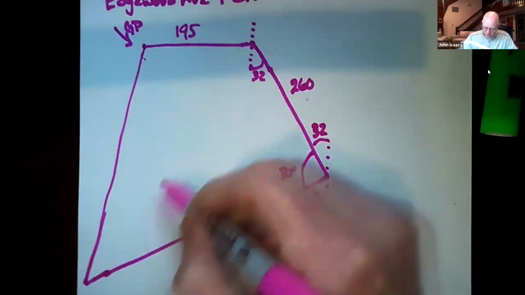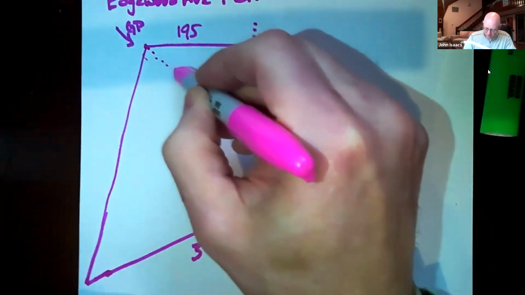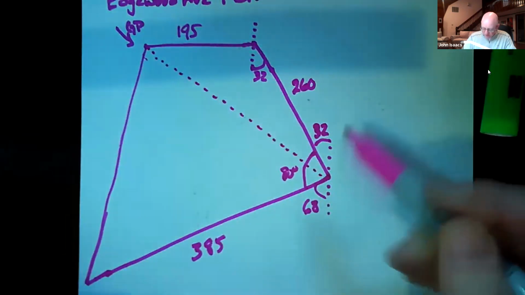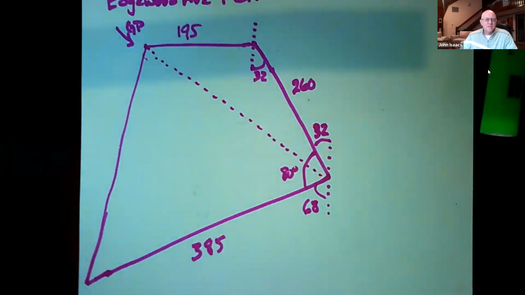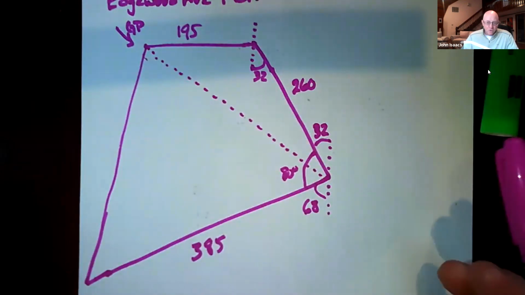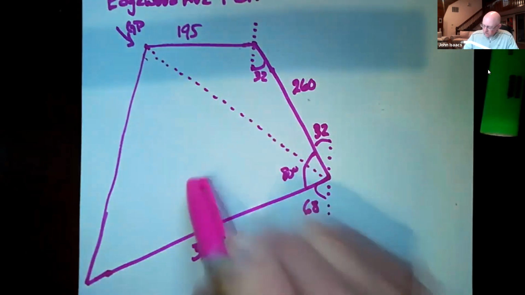You can break it this way if you want to, or you can break it this way. I'm going to choose to break it this way. You just get to decide on something. If you broke it the other way, the problem would come out differently, but your totals are going to be exactly the same. And we need to find the area of this and the area of this.